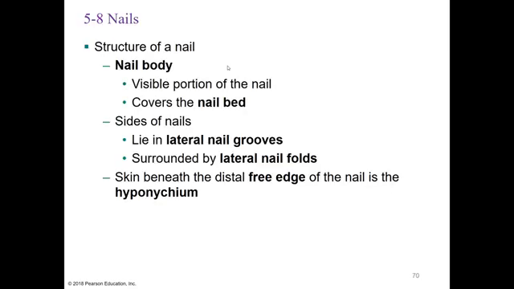The structure of a nail is the nail body, which is the visible portion of the nail that covers the nail bed. The sides of the nail lie in nail grooves and are surrounded by nail folds, and I'll show you a picture of that in just a second. The skin beneath the free edge of the nail is known as the hyponychium.